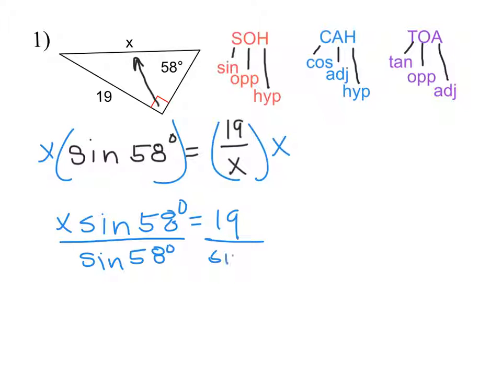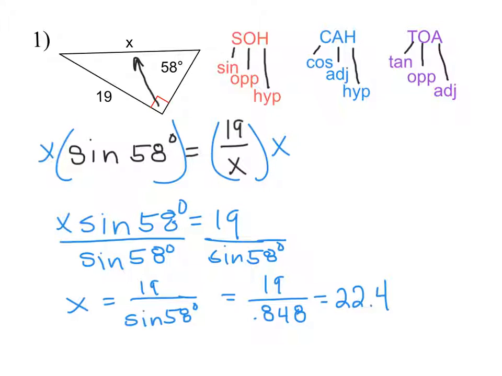Now remember, the sine of 58 degrees is just a value. We can find that by putting it into our calculator. So when we simplify, we get x equals 19 divided by the sine of 58 degrees, and the sine of 58 degrees is 0.848.